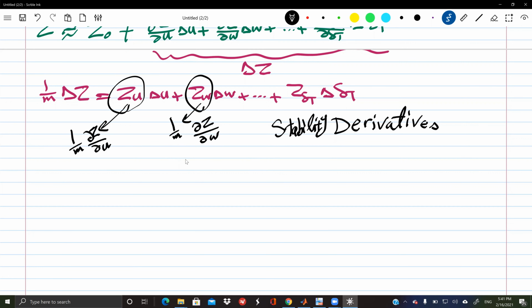So strictly speaking, they should be called aerodynamic derivatives, and sometimes they are called like this. But most commonly, they are called stability derivatives. Why? Because they really dictate the stability of the airplane, okay?